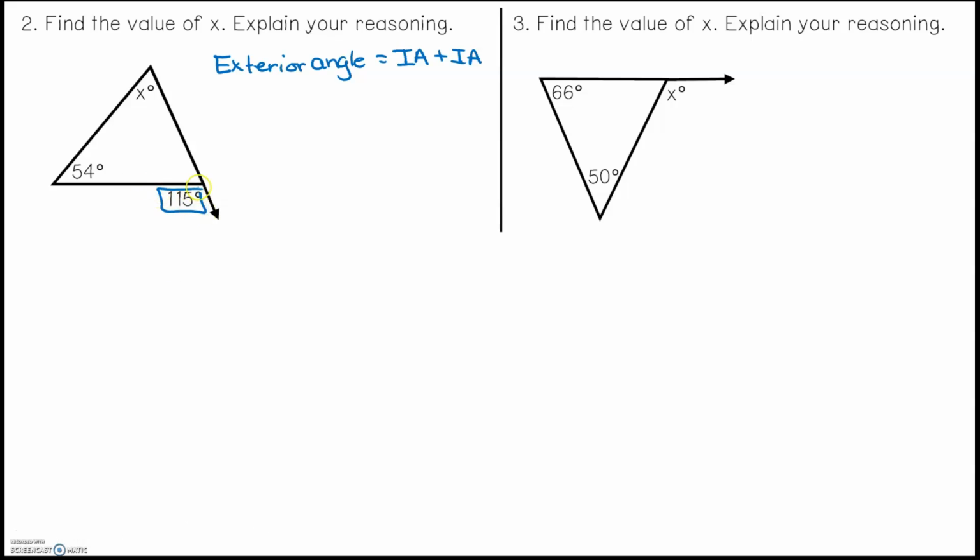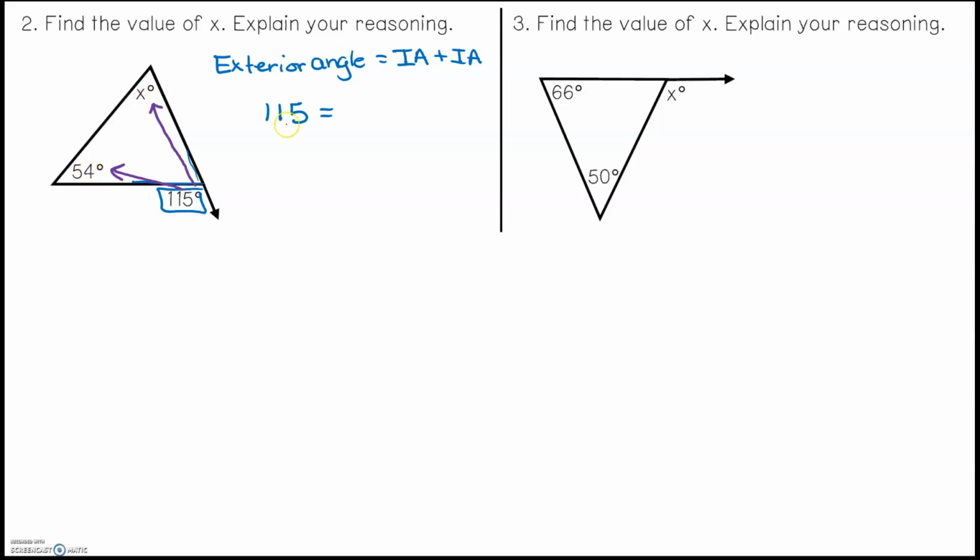It is outside of the triangle, so it is exterior. So we're going to take these words exterior angle out and put 115 in its place. Then we're going to use our remote angles, the ones that are farthest away from the exterior but inside the triangle. Those are the remote angles.